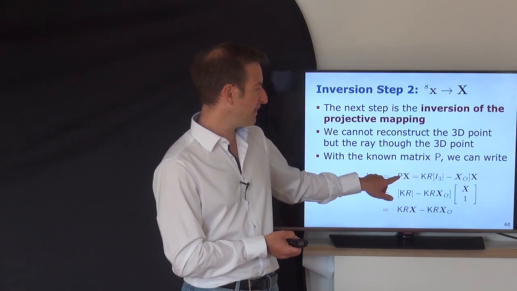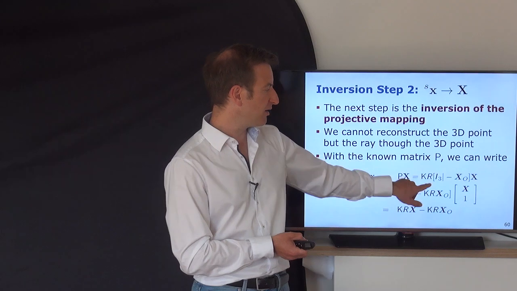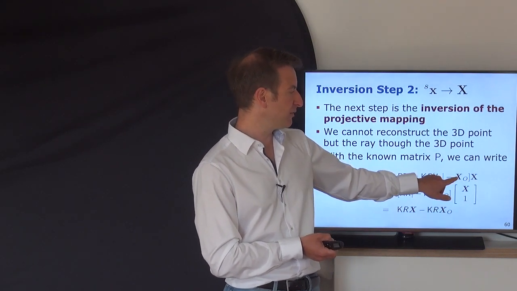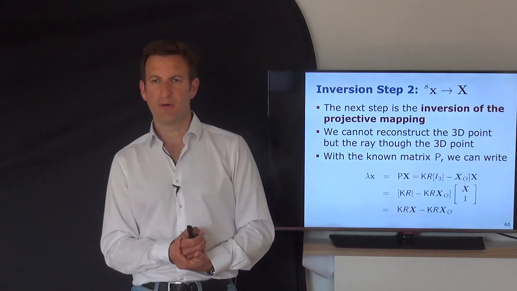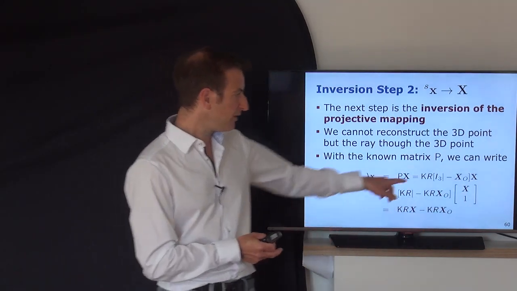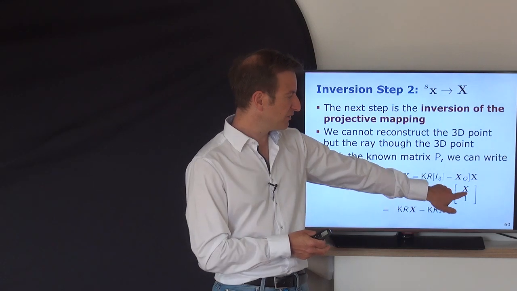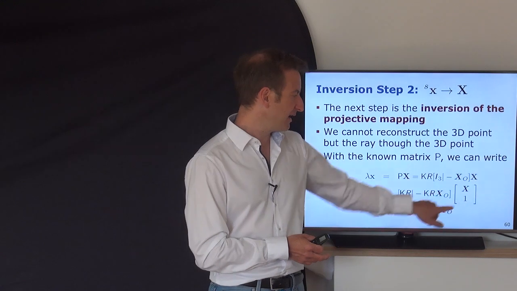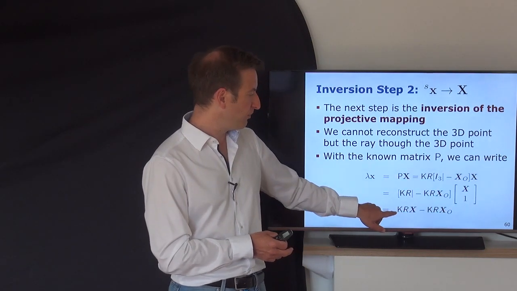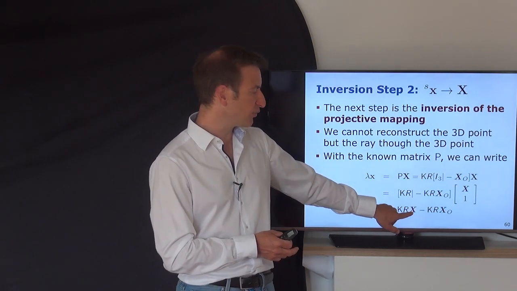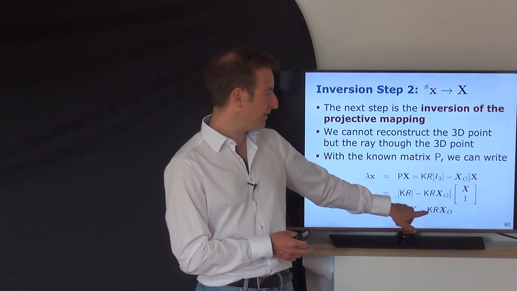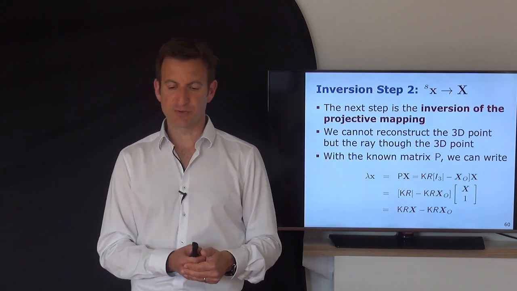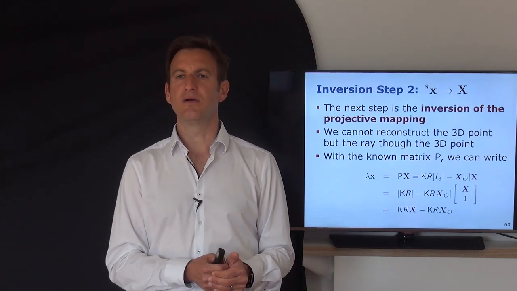And then I can just expand this P into K times R, and then this 3x4 matrix with the identity matrix over here, the shift over here, multiplied with the point on the right-hand side. So this point can be expressed as a Euclidean point plus this additional dimension, and then I can also split this up into two parts, KR times the X, Y, Z location in Euclidean coordinates minus KR times X0, so the location of the projection center in Euclidean coordinates.